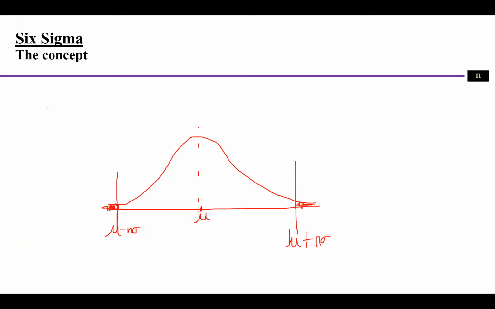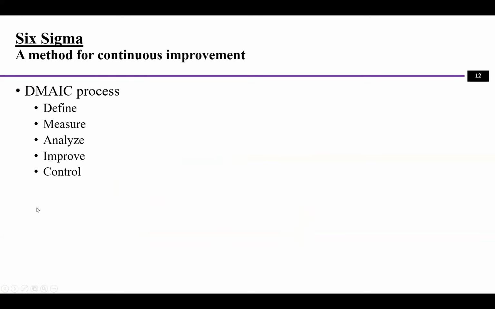Another way to understand the concept of Six Sigma is as a quality control program. When something happens, you can start to do the DMAIC process. DMAIC means define, measure, analyze, improve, control, to improve the quality of a process or to solve a certain problem.